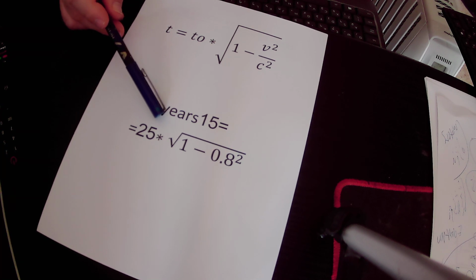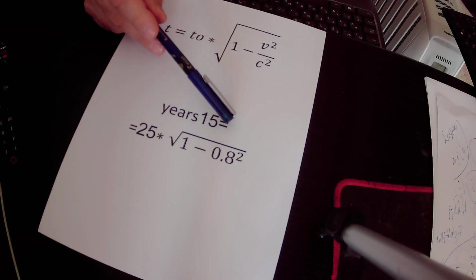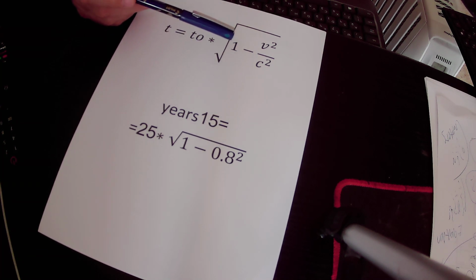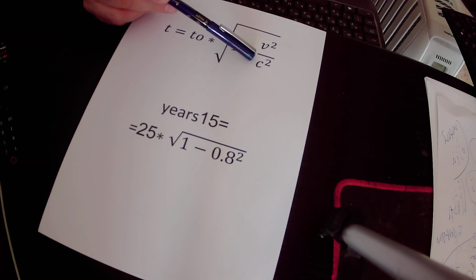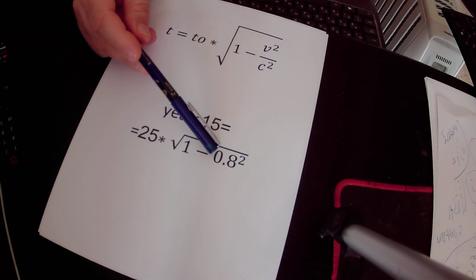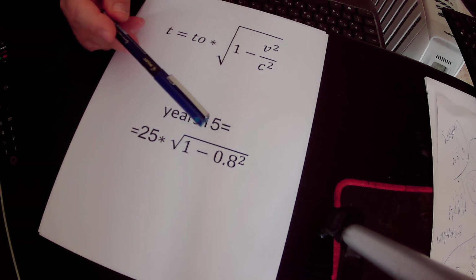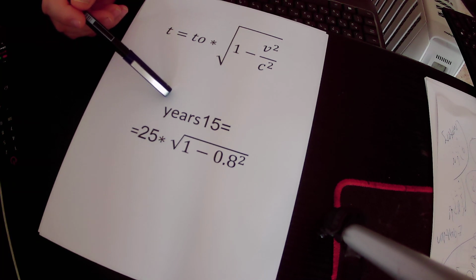We multiply it by the root of 1 minus 0.8 squared, and 0.8 is actually 240,000 kilometers per second divided by 300,000 kilometers per second, that is the speed of light. So the result is 0.8 squared, and the final result is 15 years.